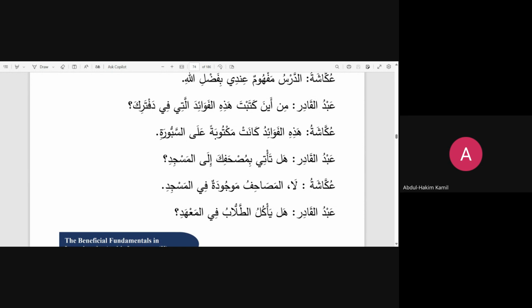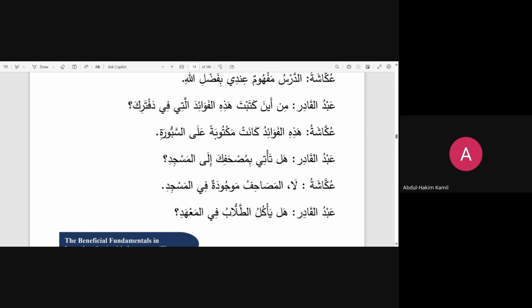So if you understand mawjood, where's the verb? What verb is this mushtaq from? Available, from wajada, right? This is from wajada, to find.